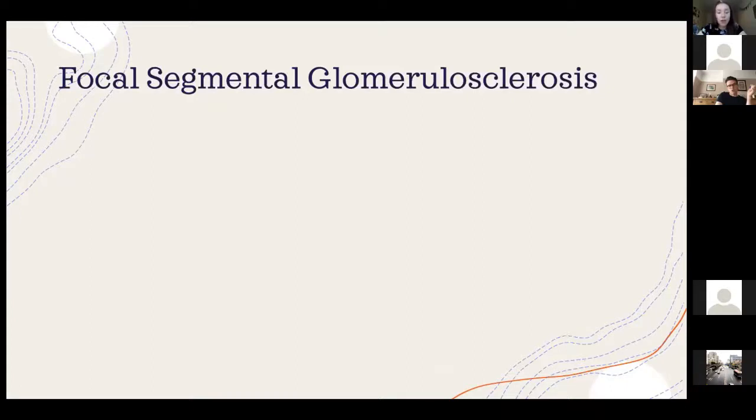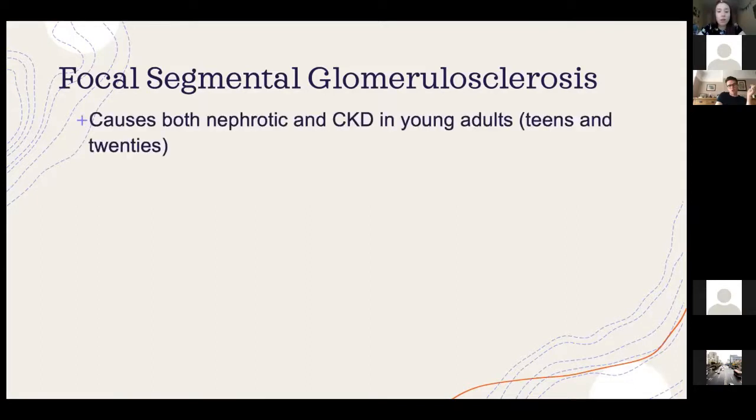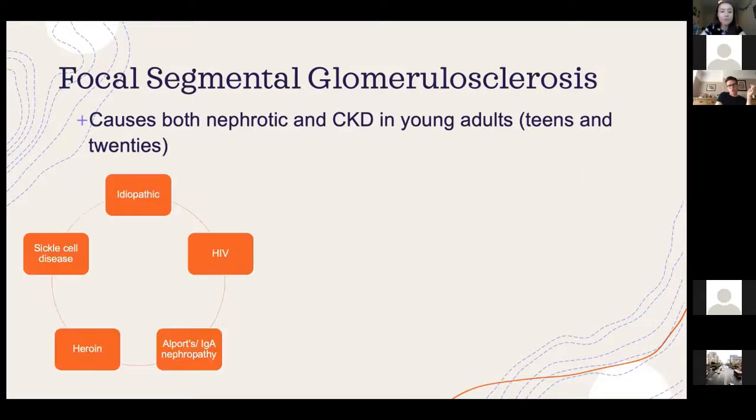So the other nephrotic syndrome we're going to talk about is focal segmental glomerulosclerosis. This causes nephrotic syndrome, but it can also cause CKD in young adults. It tends to present in the late teens and early 20s, and it's often associated with underlying causes: sickle cell disease, HIV, and IV drug users.